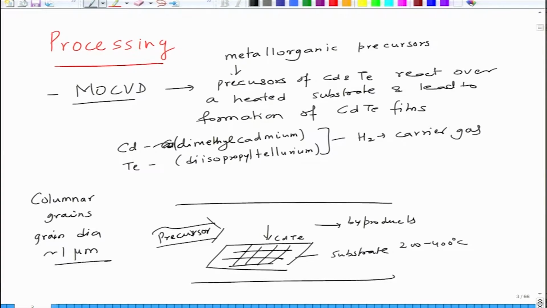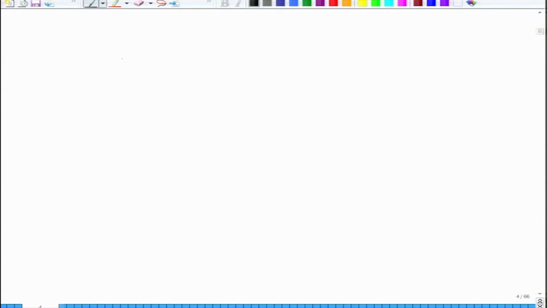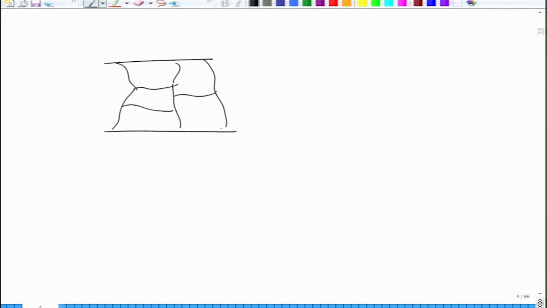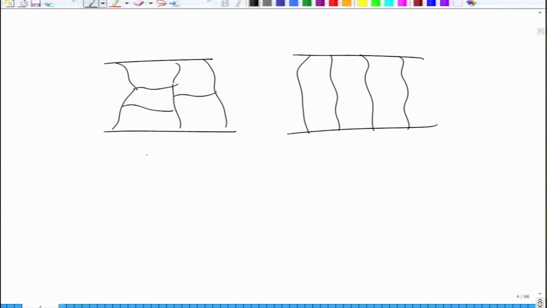Columnar grains are good because in a device you can have a grain structure like this, or you can have a grain structure like this, which is a polycrystalline equiaxed grain structure.